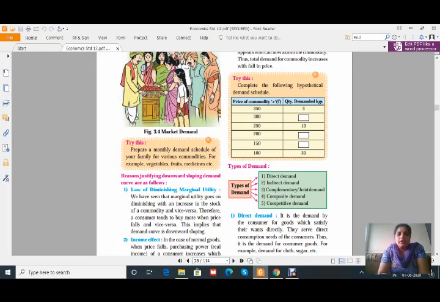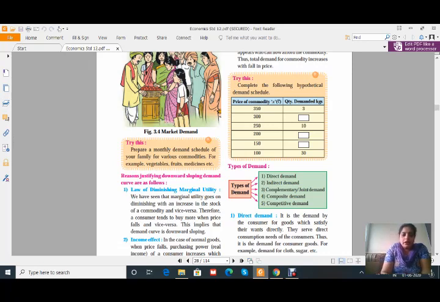That is the main reason for the downward sloping of the demand curve: as price becomes less, the consumer wants to buy more and more of that commodity, because when the price falls, a consumer may purchase more quantity, because he can buy more at a lower price. That's why it shows the downward sloping demand curve.